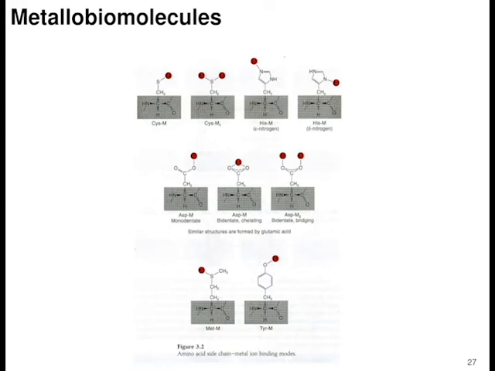First one. Third one. First one. This one, third one. This one. This one also. And this one, tyrosine.